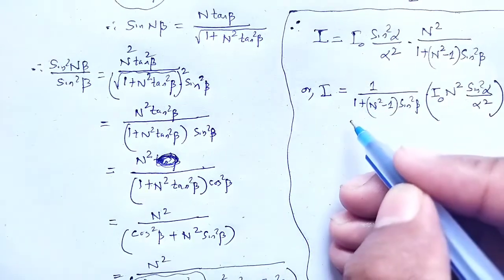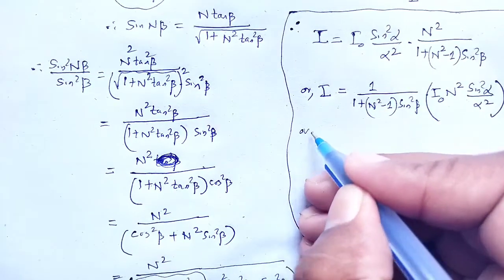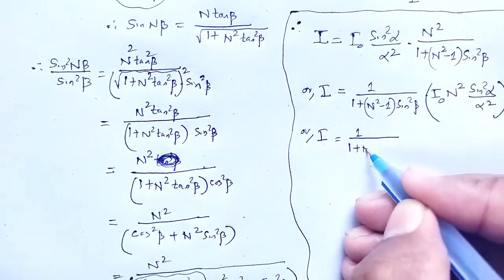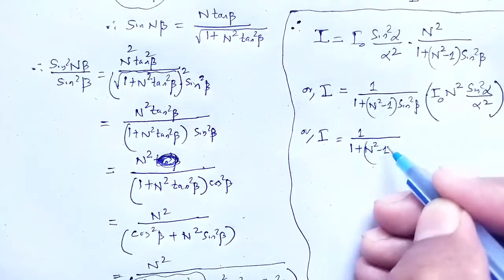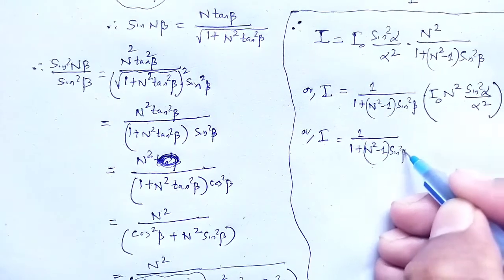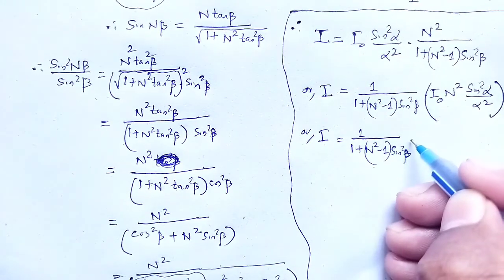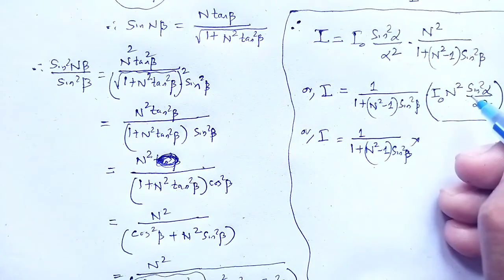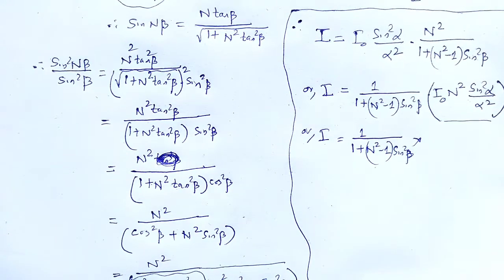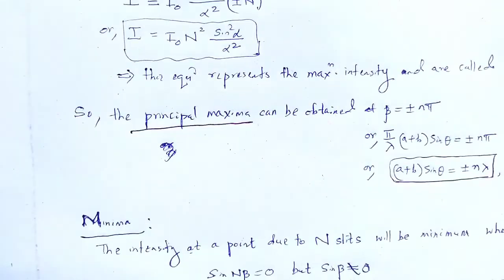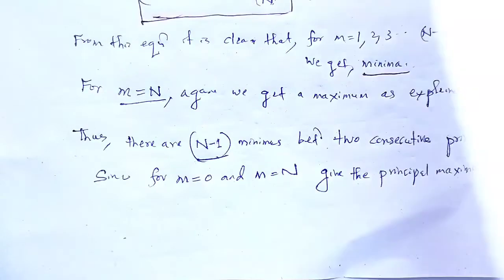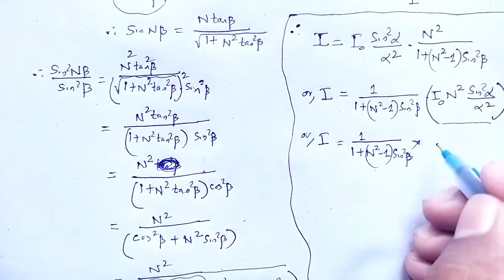That particular term is the intensity of principal maxima, as you obtain I is equal to I naught n square sin square alpha by alpha square, the intensity of principal maxima.